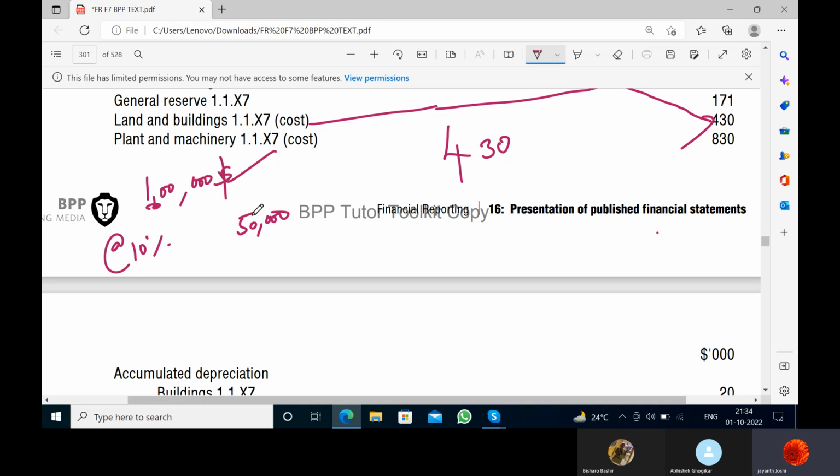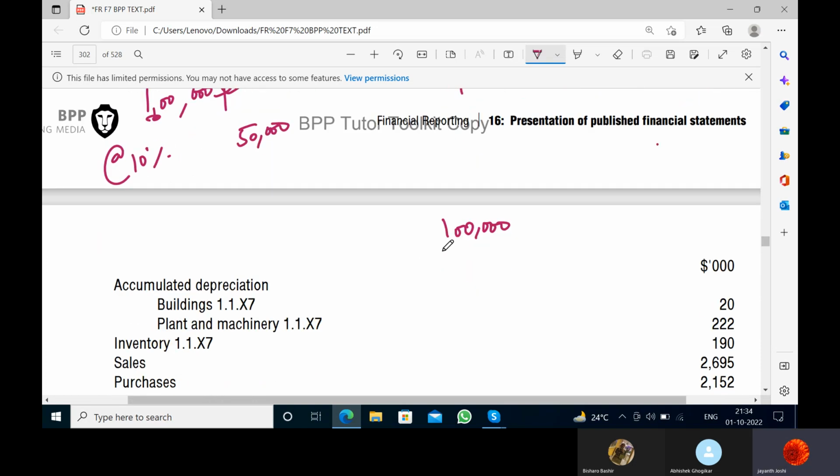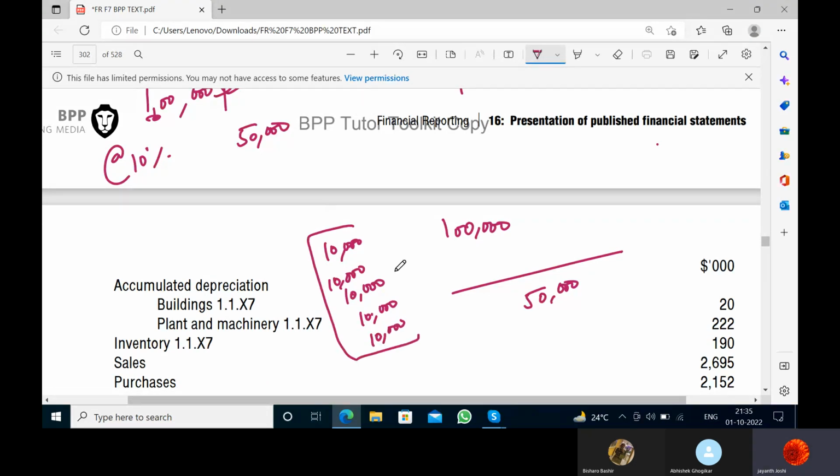So $100,000 is the asset value, and it is $50,000 after 5 years, because every year $10,000 has been deducted. This $10,000 deducted every year goes into an account called the accumulated depreciation account.